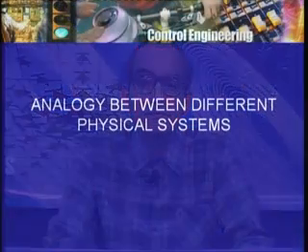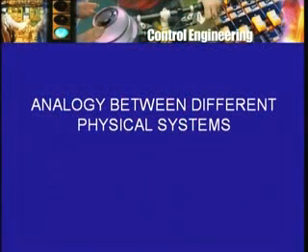The analogy comes out when we write down the equations for the two systems, component by component, and then combine the equations for each system separately into one single system equation. That is when the similarity between the two different physical systems comes through.